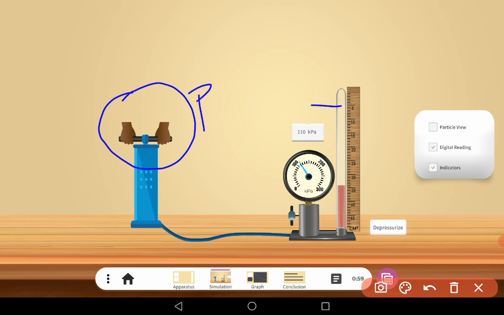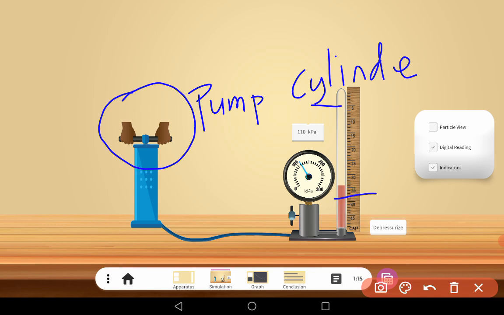So this is a pump, and this one is a cylinder containing air. And this is something like a liquid, which, when a force is applied down here, is going to rise up.